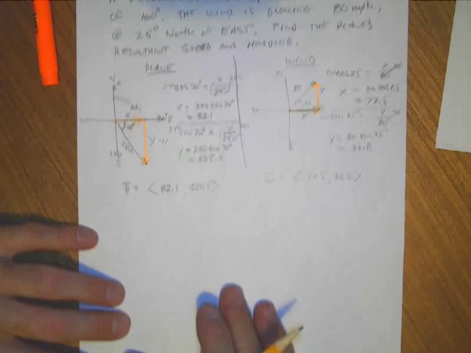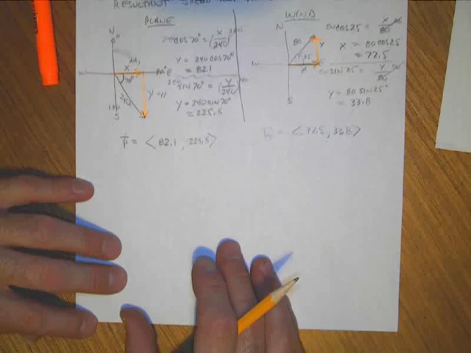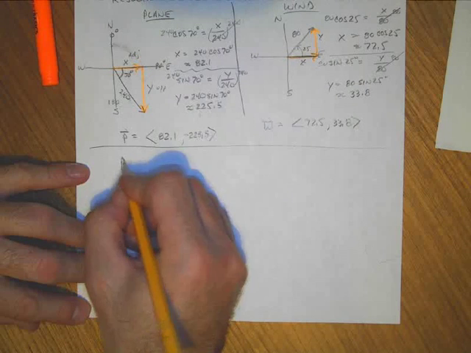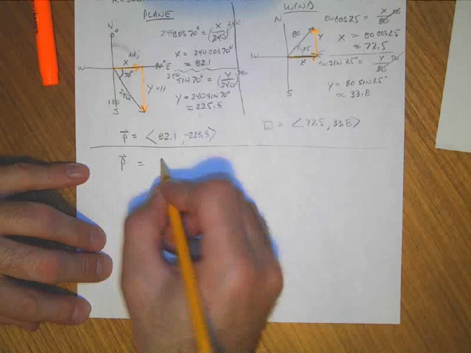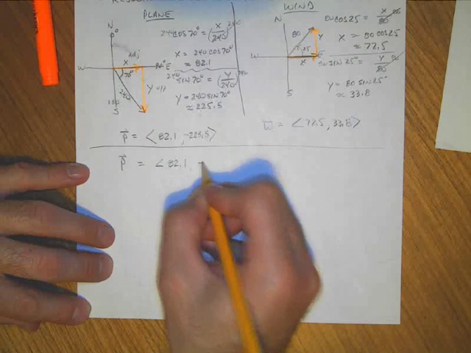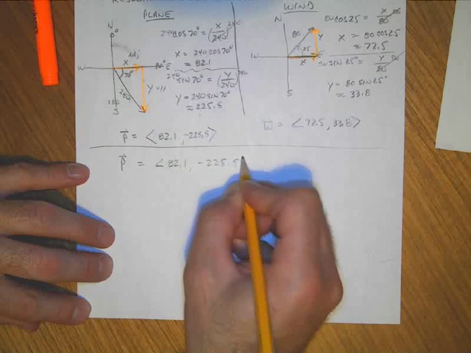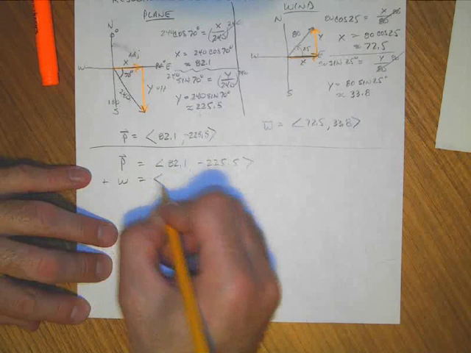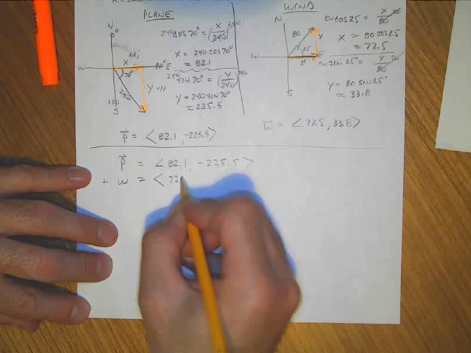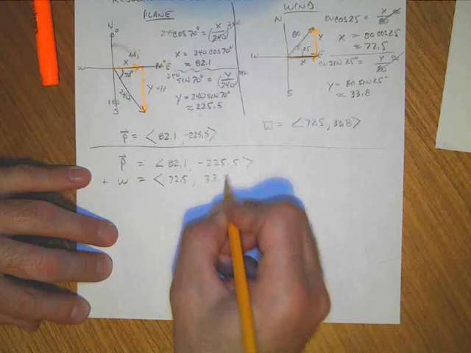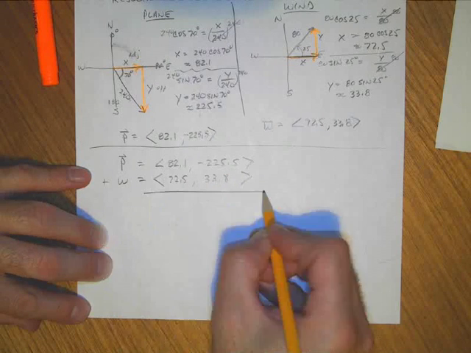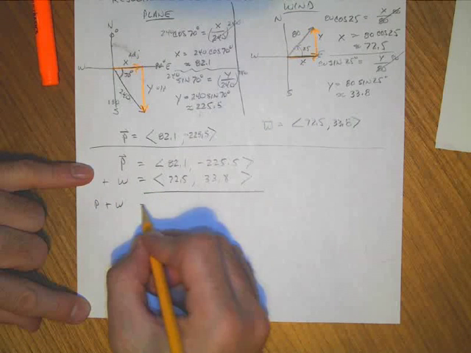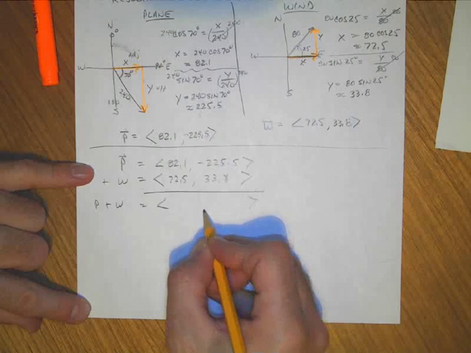Okay, so here's what we are going to do next. We want to find the combined plane, which is 82.1, negative 225.5, and we want to add the wind to it, which is 72.5 and 33.8, in order to find the combined airplane and wind.